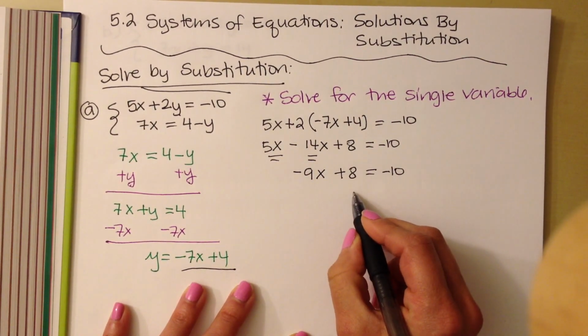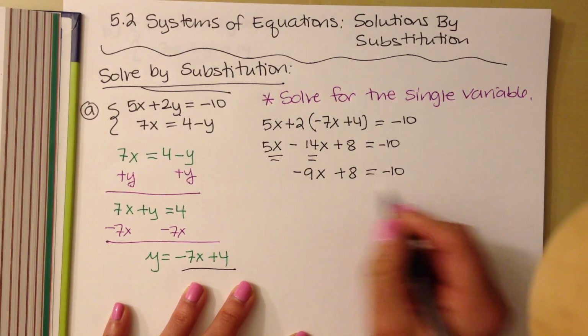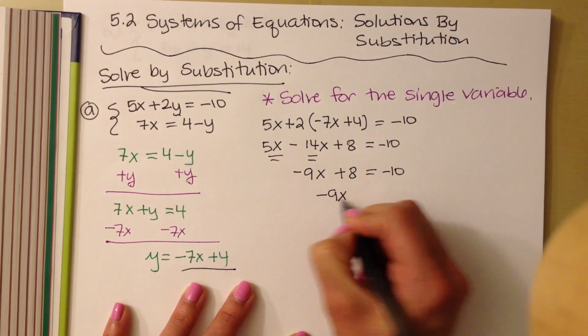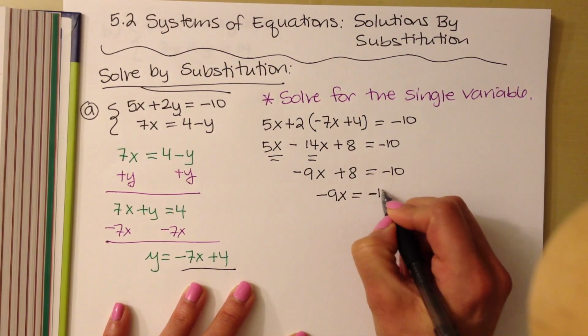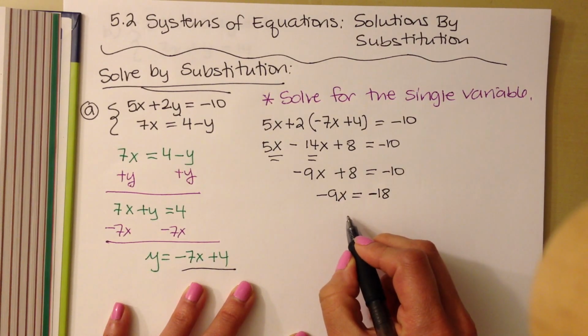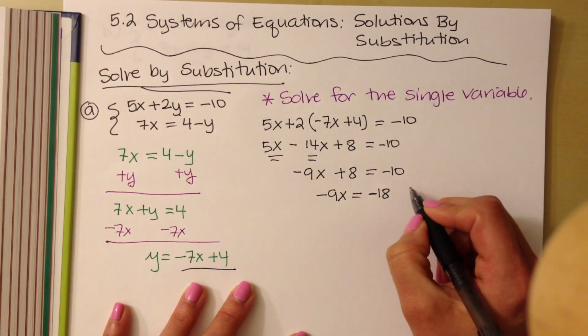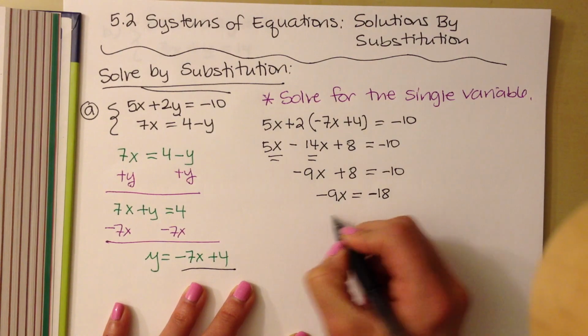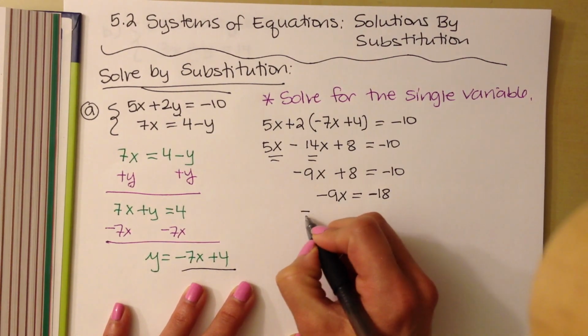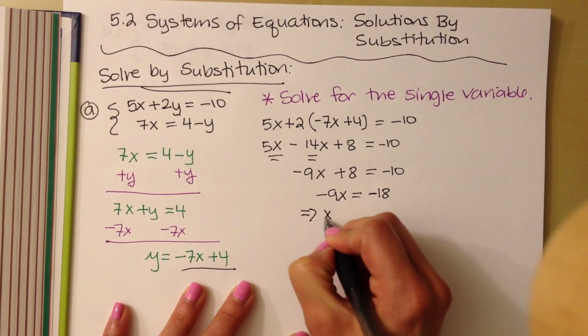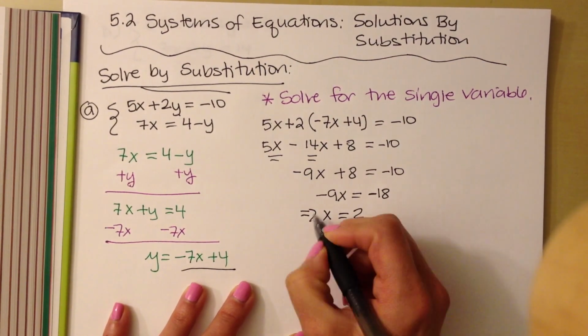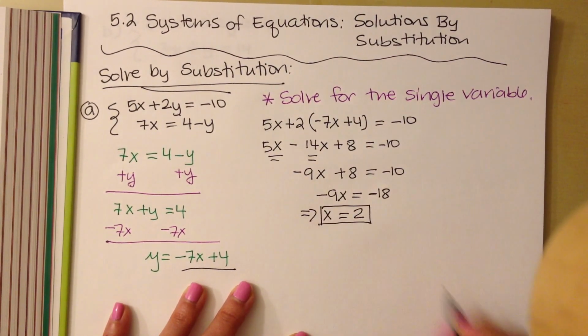We subtract 8 from both sides. Negative 9x is equal to negative 18. You will divide by negative 9, which gives us x equal to positive 2. I found my x coordinate. Now we need to find the y coordinate. How do you find the y coordinate?